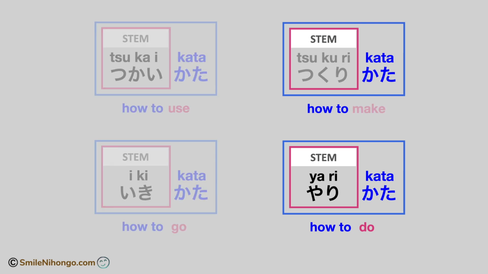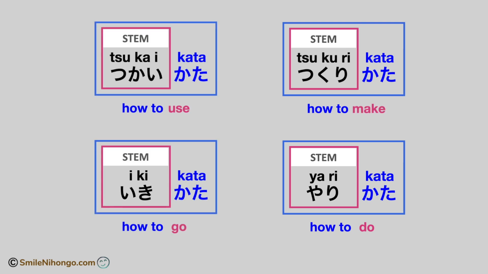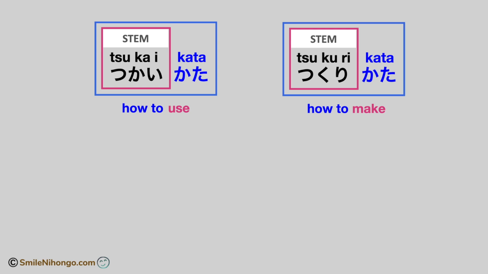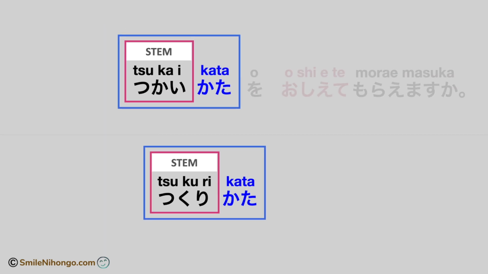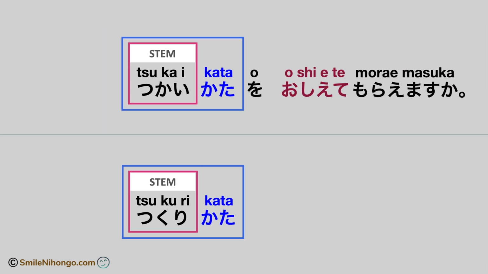So this is the basic structure of how to in Japanese. You combine the stem of the verb with kata. And you can use these units in a sentence like this.